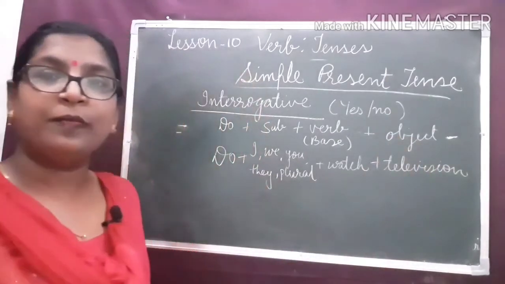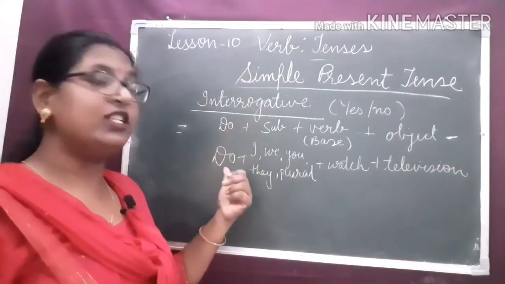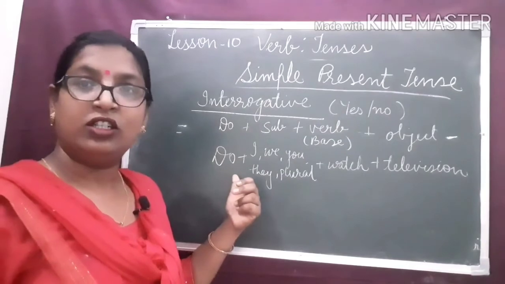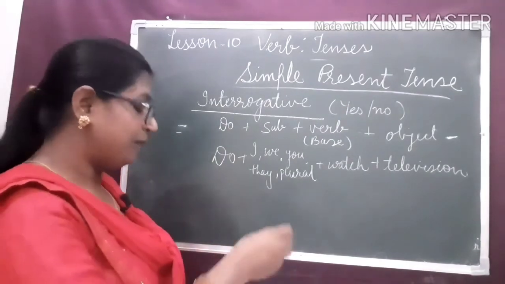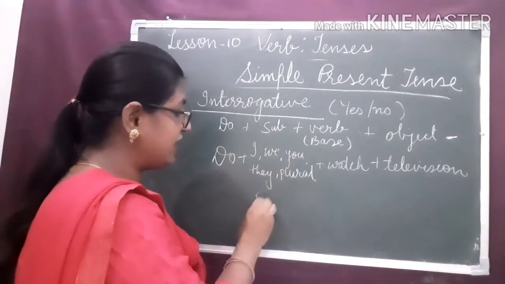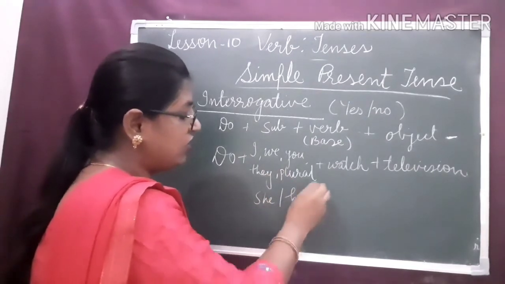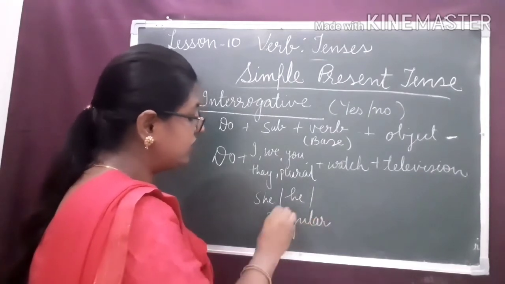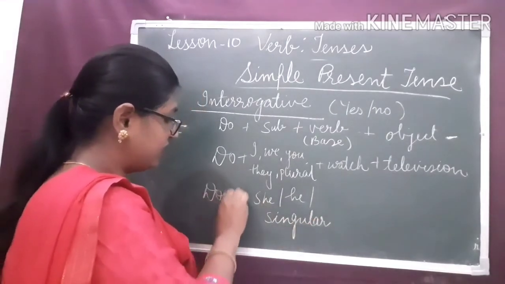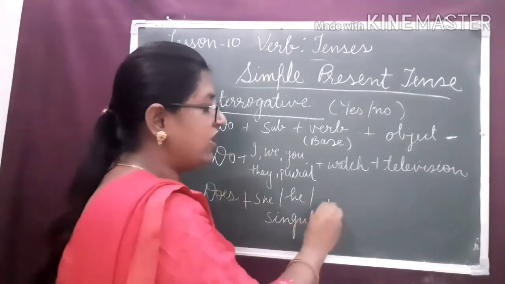Is that clear? We begin our sentence with the helping verb, do or does in present tense, according to the subject. And dear children, if our subject is she, he, or any singular subject, we use does. Does she watch?